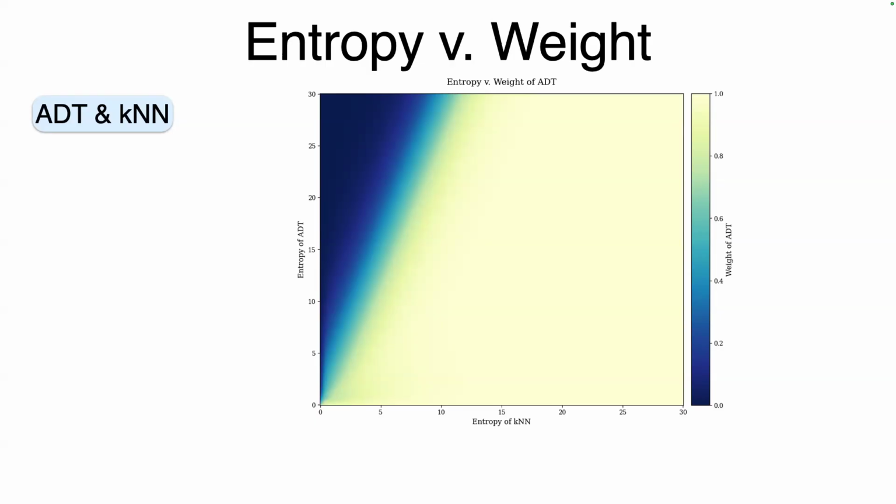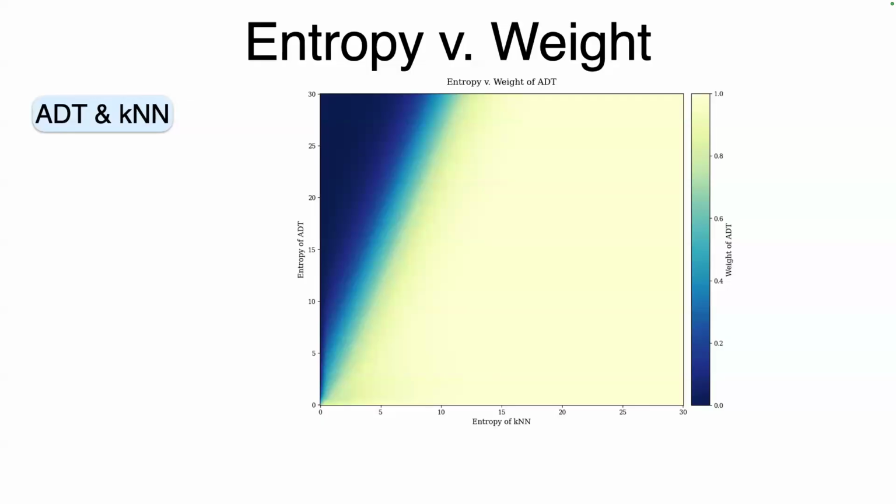So if we take this, this is the entropy of ADT. If I look at low values, actually, I think this image is wrong, but it's reversed.